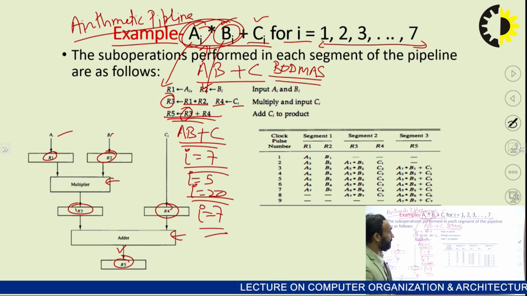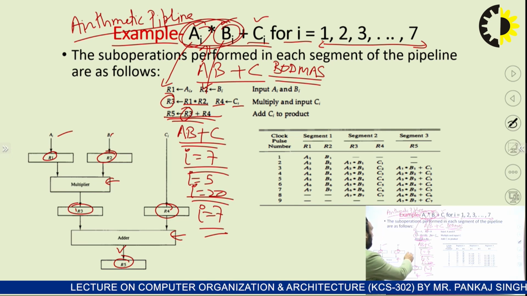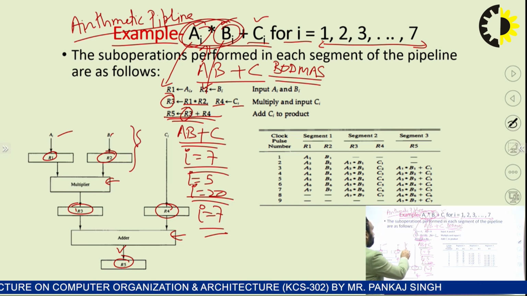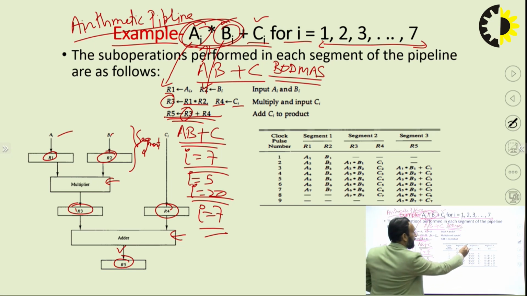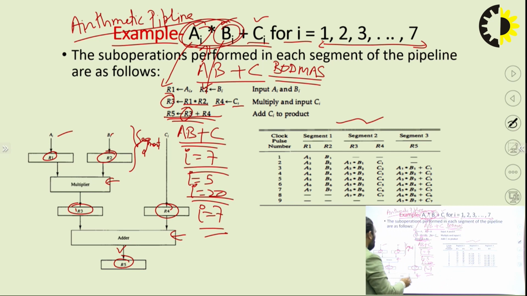So here is the breakup along with the segments. As we see here, this is known as segment 1, in which we input two variables, A and B. What is segment 2? At level 2, we have the input of register R3 and register R4, as we saw in the table. What is segment 3?